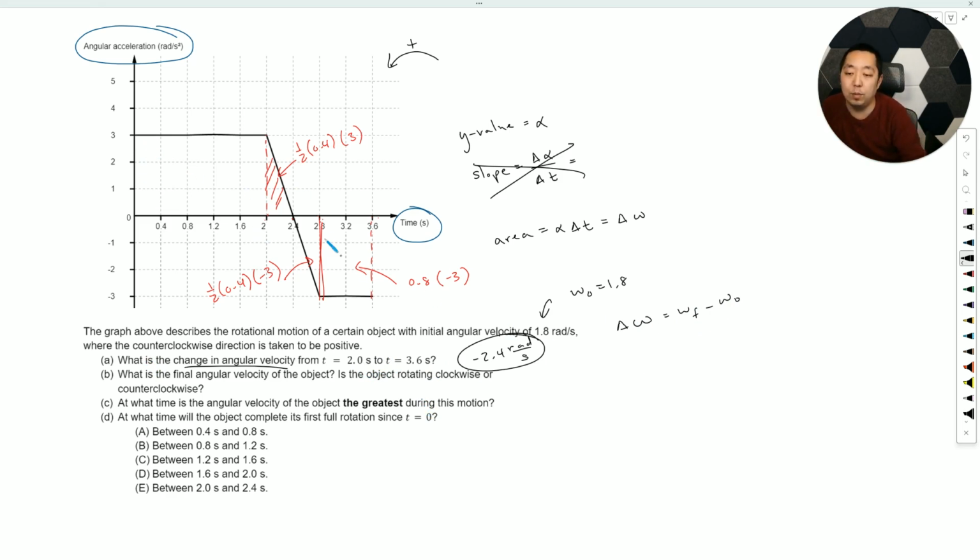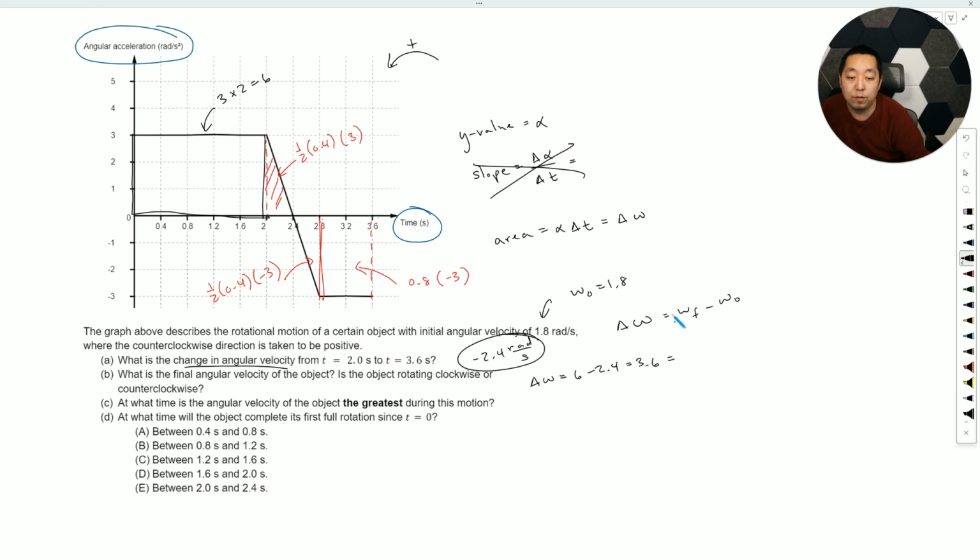So we have almost all the area. We need to include this area here. This area is 3 times 2, which is 6, right? The height is 3 and the width is 2. So that's 6. So the change in the angular velocity here is going to be 6. And then adding all this area with the -2.4, that's going to be 3.6.